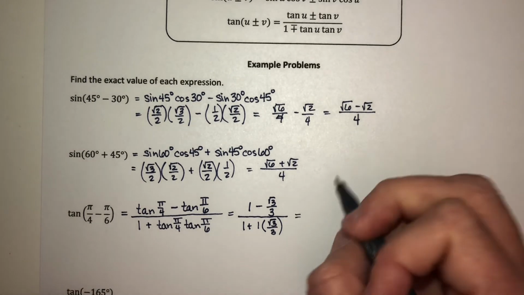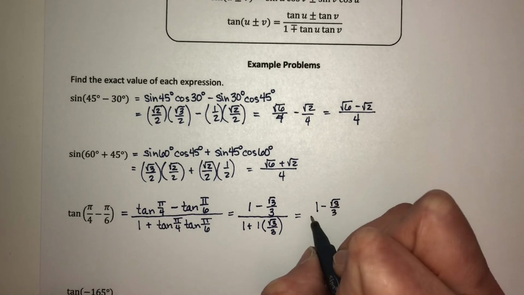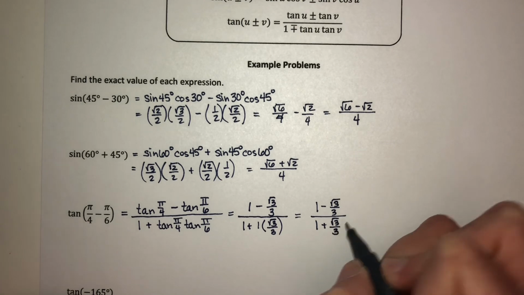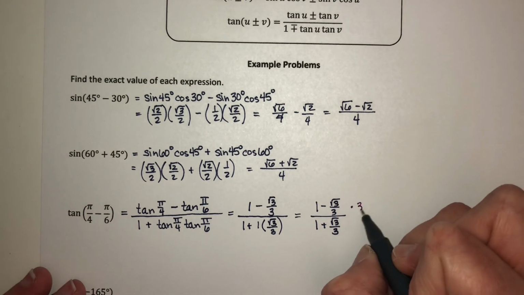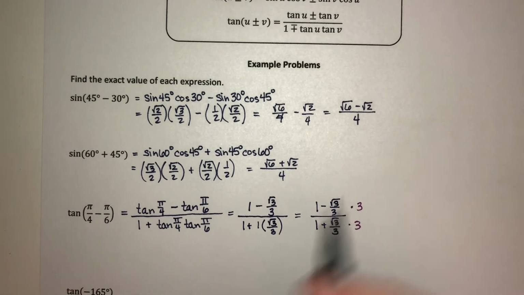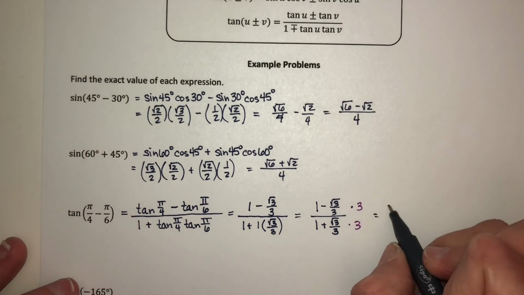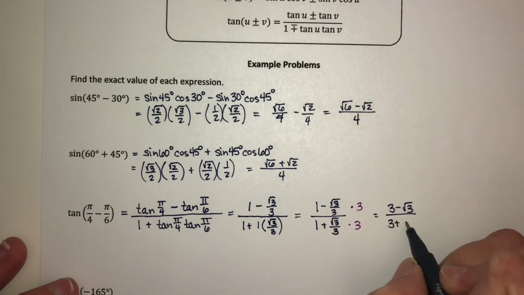Okay, so simplifying a little bit, not much here yet. Now what I'm going to do here is I'm going to multiply top and bottom by a 3 so I can get rid of these fractions. And that will give me 3 minus square root 3 over 3 plus square root 3.